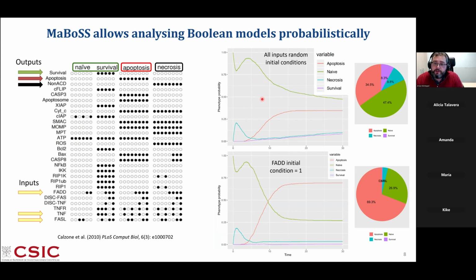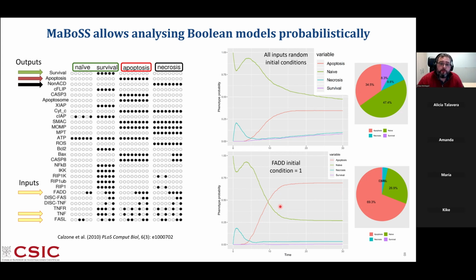For instance, in this case, it is a change in initial conditions. On the top, you have all input random initial conditions, and then you see that the percentage of naive is 47%, the percentage of apoptosis is 34%, etc. And then whenever you change these initial conditions, you see that this 34% of apoptosis goes to almost 70% of apoptosis.